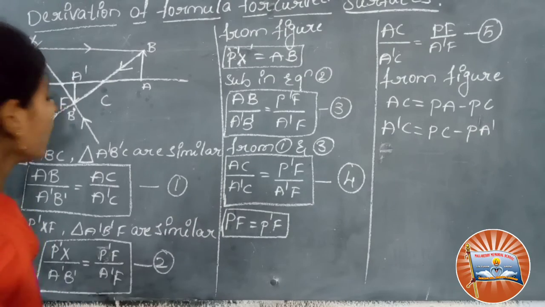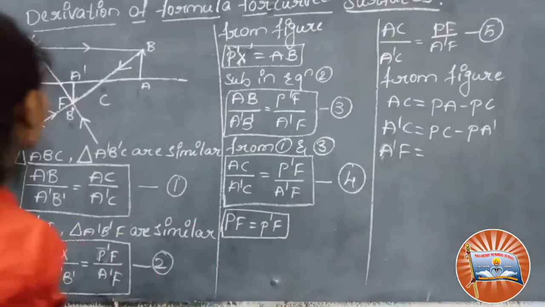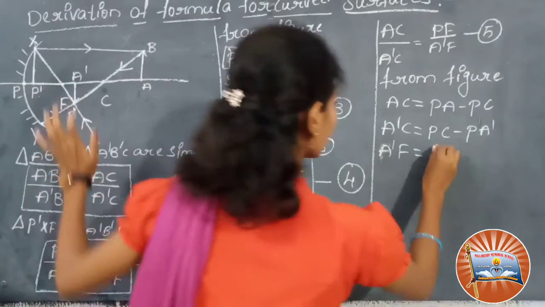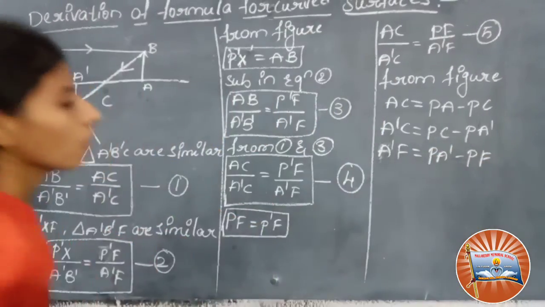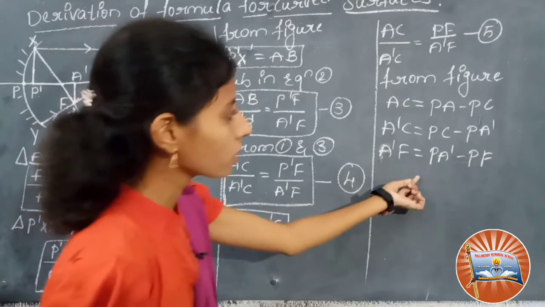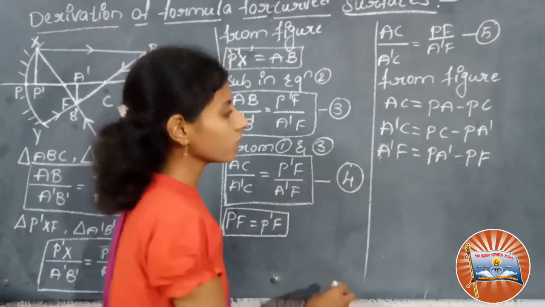In the figure, A dash F is equal to PA dash minus PF. Now substitute all these values in equation 5. Now what will we get here?